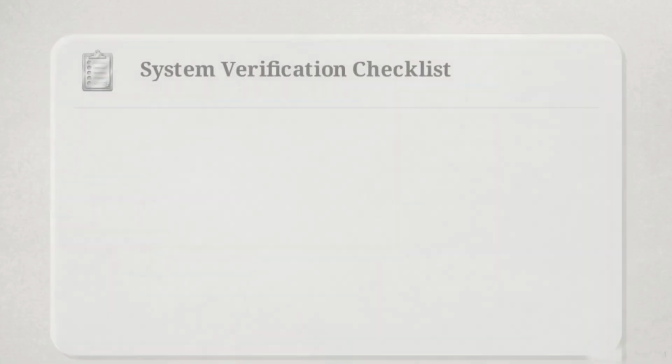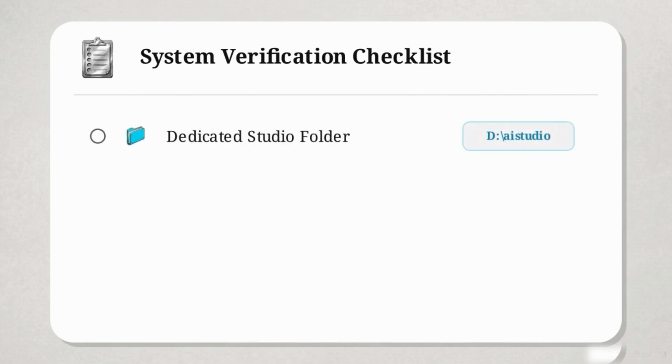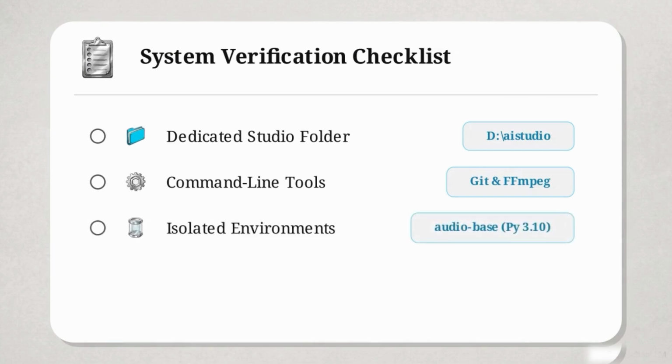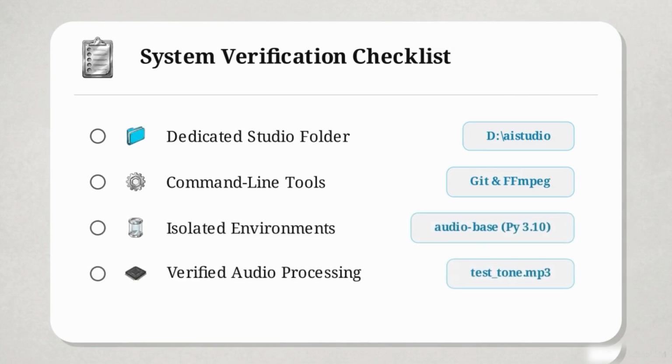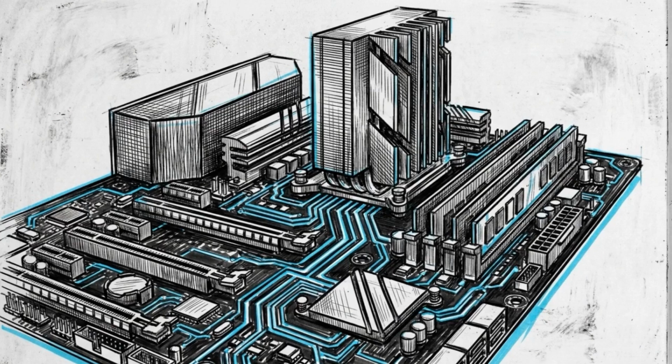Look at this checklist. We can confirm our goals. We have a dedicated studio folder, functional command line tools, isolated Miniconda environments, verified audio processing, and a protected primary hard drive. The next phase is getting this environment to talk to your hardware.